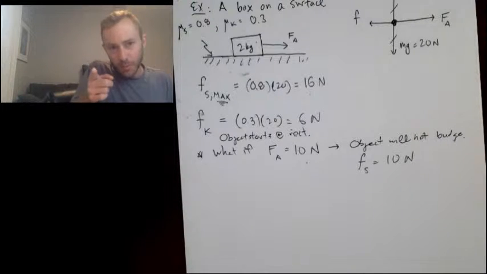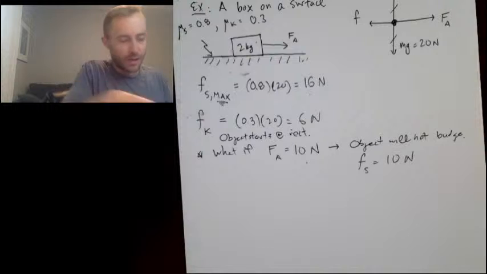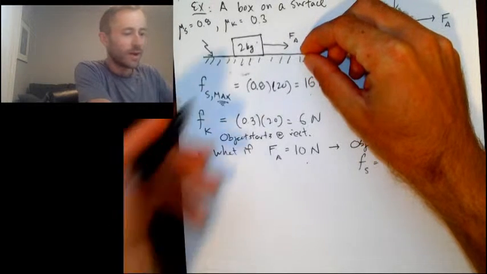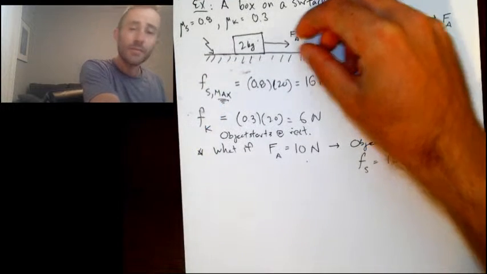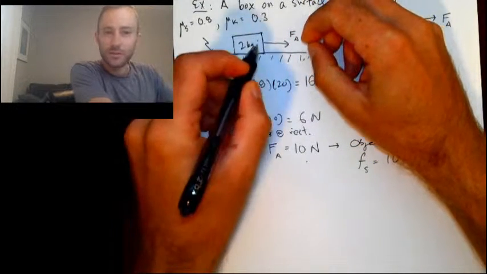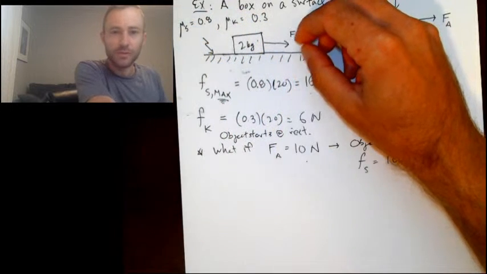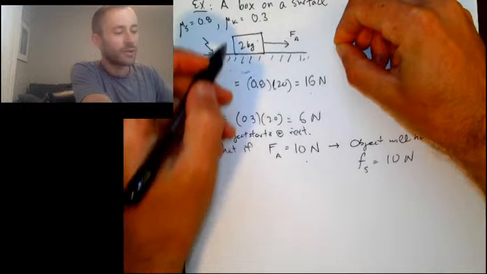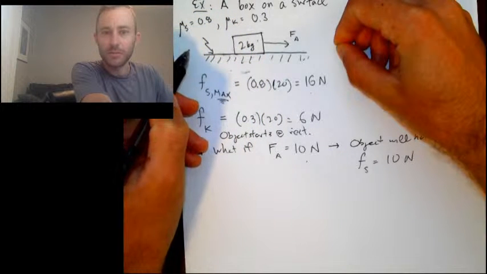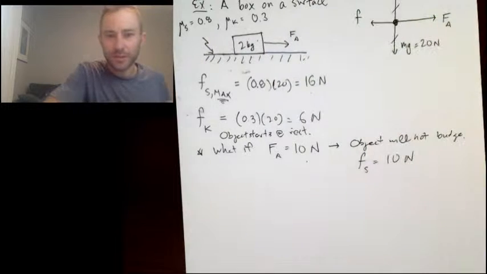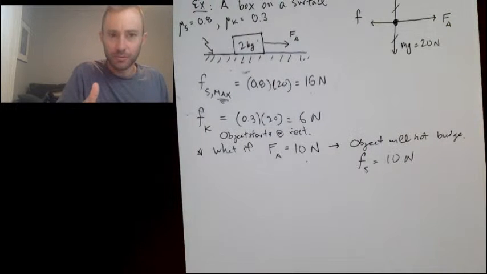So if you try to pull this box with 10 newtons, static friction is going to fight back with 10 newtons. If you apply 12 newtons, it fights back with 12. If you apply 15 newtons, it fights back with 15. But it can't go beyond 16. So it matches you up to the maximum.